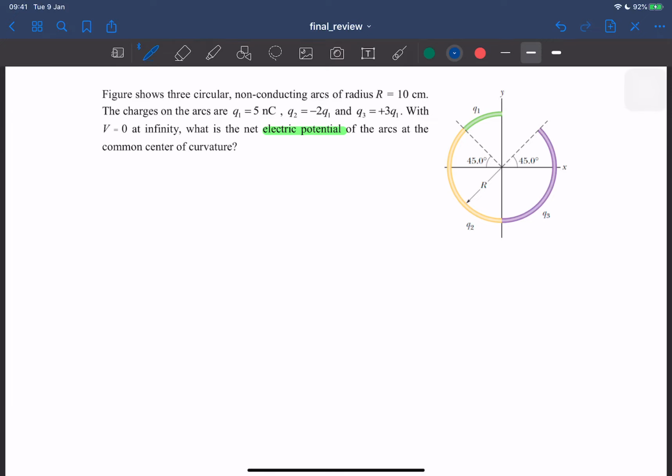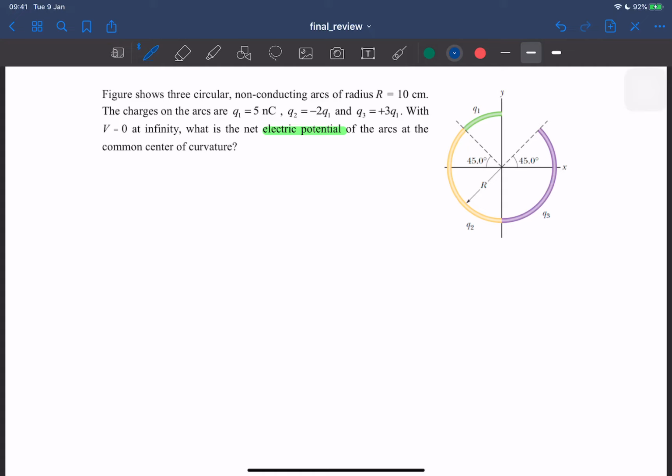If this problem asks about electric field, that's a totally different thing. But this is potential. Potential is a scalar, so you don't need to worry about the direction or anything.